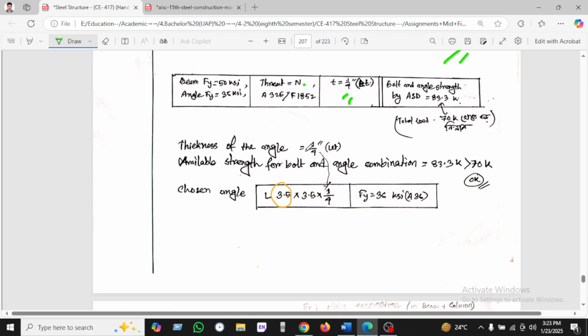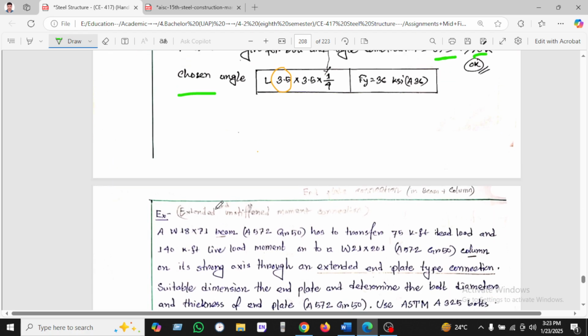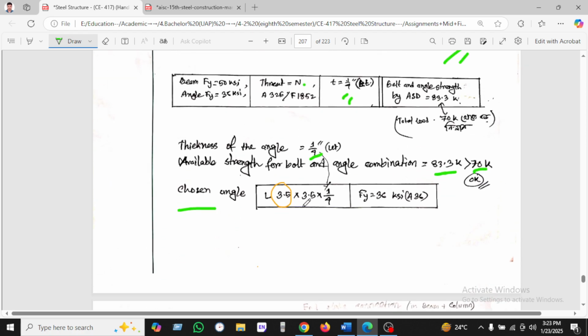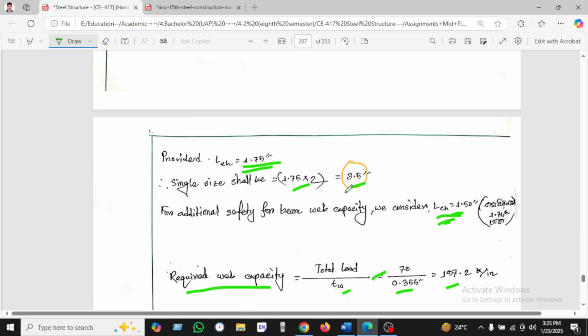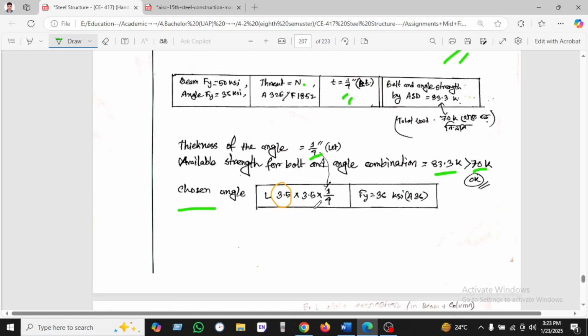So the thickness of the angle, 1 by 4, we have taken. The allowable strength for the bolt and angle combination is 83.3, which is greater than 70, so it is okay. So our last chosen angle is L 3.5 by 3.5 into 1 by 4, and Fy equal to 36.